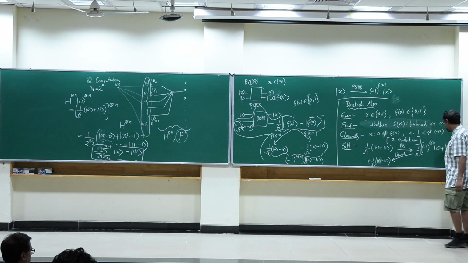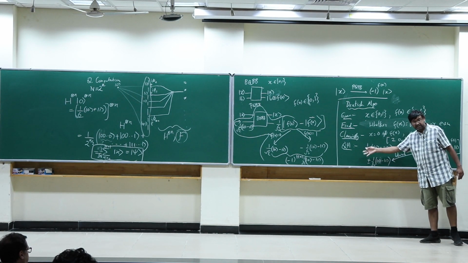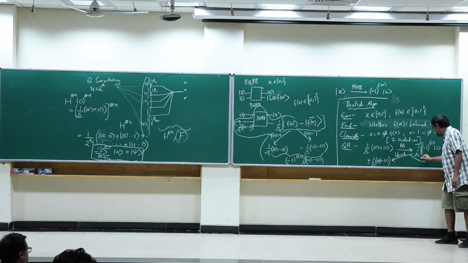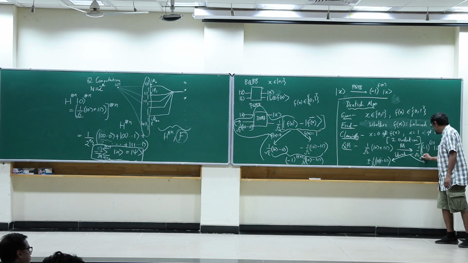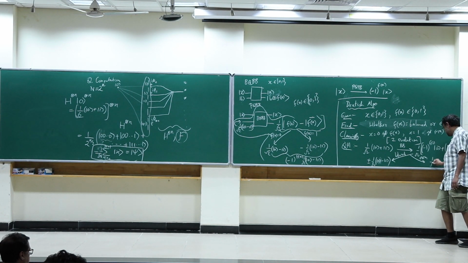Because these two phases are not the same, you will go to the minus state. You will have a factor plus minus outside which you don't care about. And when it is even, that means you stay with the state 1 by root 2 of 0 plus 1.